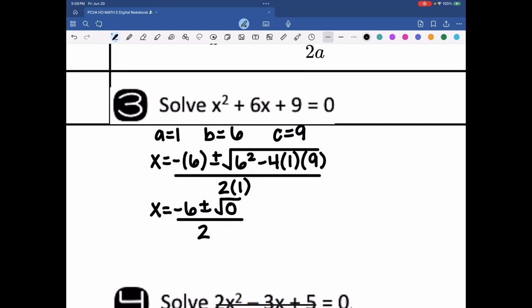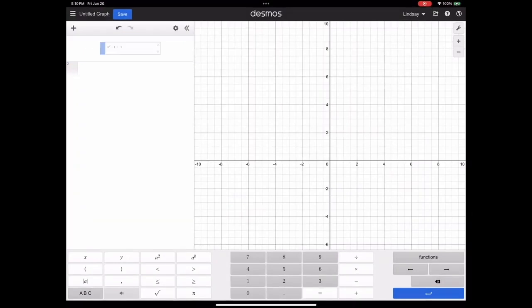The square root of 0 is still 0, so we have x equals negative 6 divided by 2. That plus or minus goes away because the square root went away. So my final answer here is just negative 3. So x equals negative 3. And again, this is a perfect square trinomial, which is why that's happening.